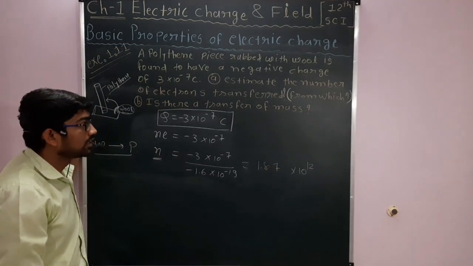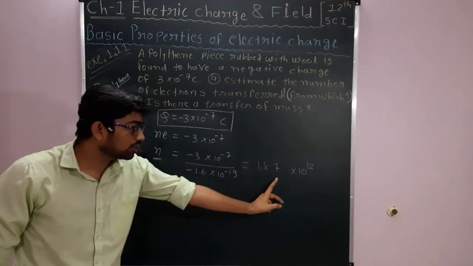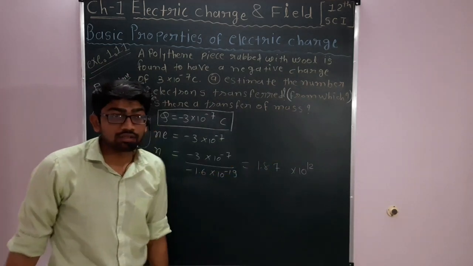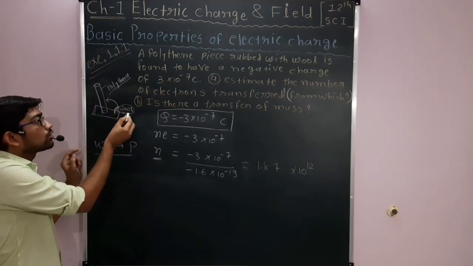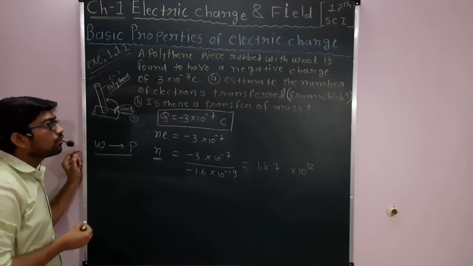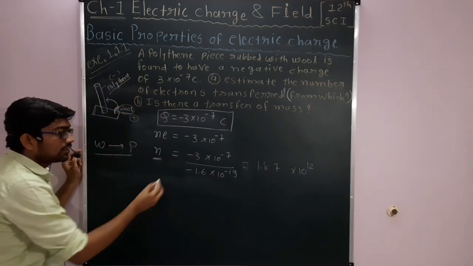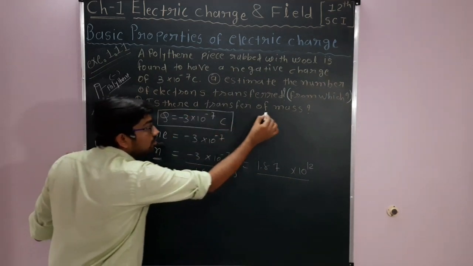The question is how many electrons are transferred, and from which body. From wool to polythene, because wool gets positive charge and polythene gets negative charge. Second question: is there a transfer of mass?